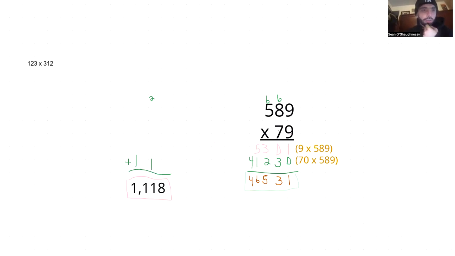So this one has three different partial products. We're going to set it up here. 123 times 321. Make it a little bigger.